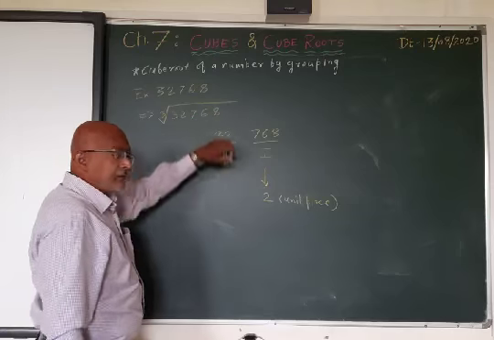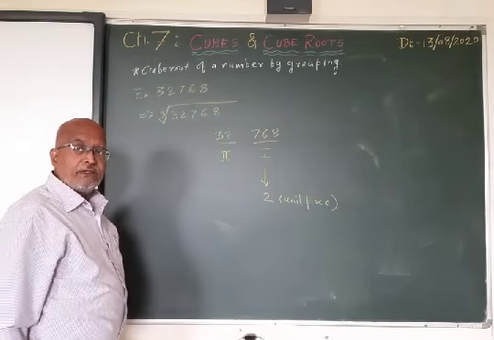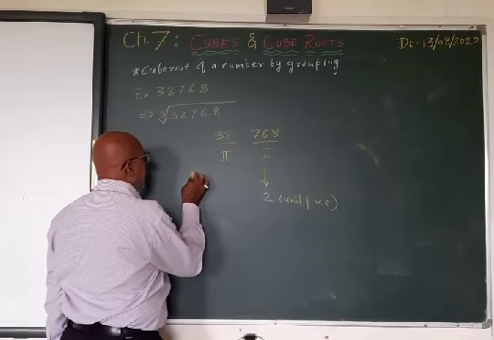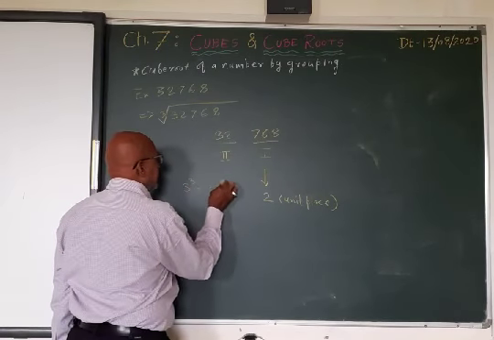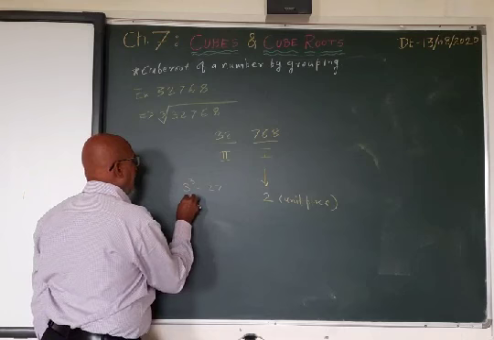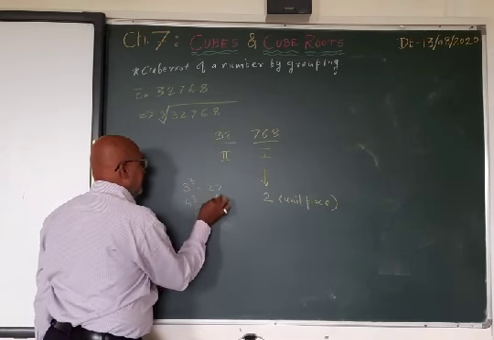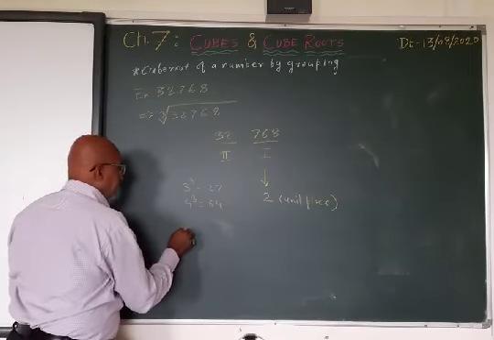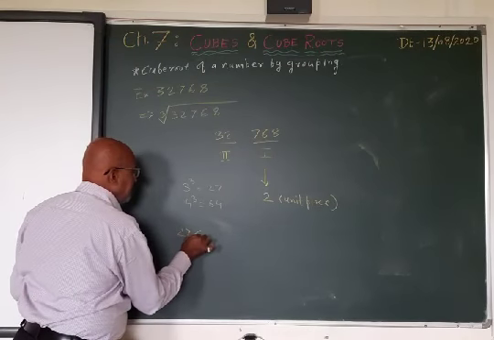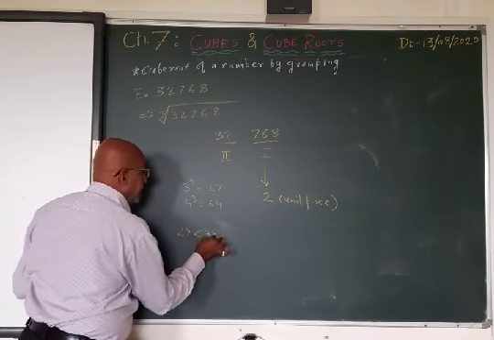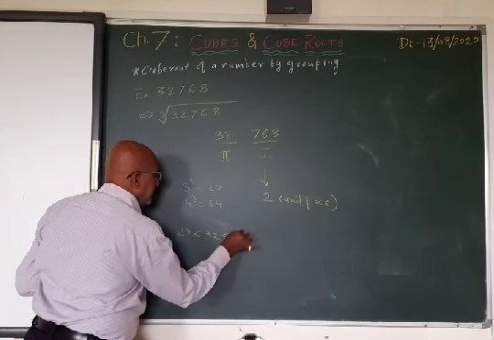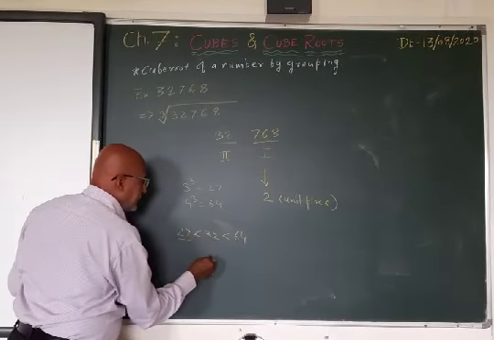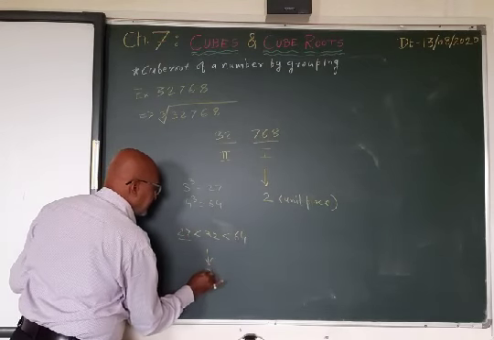And here is 32. 32 comes between which two cubes? We know that 3 cube is 27, which is less than 32, and 4 cube is 64, which is greater than 32. So 27 is less than 32 is less than 64. So we have to choose 27, means 3 cube. So the second number is 3.